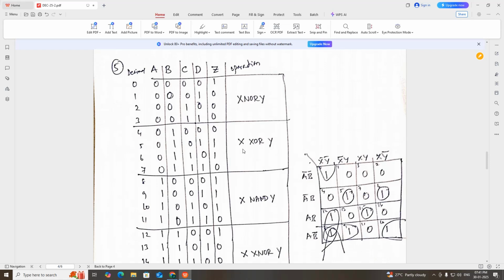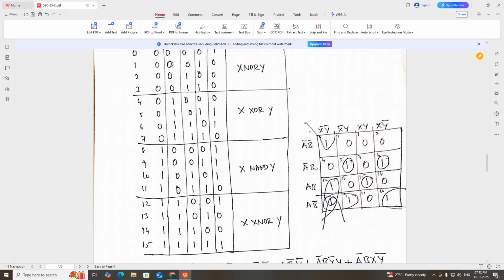So remember for XOR operation, if both inputs are equal, outputs are 0. If both inputs are unequal, the outputs are 1. That is how we are finding the Z value, and then we use the Karnaugh map simplification.